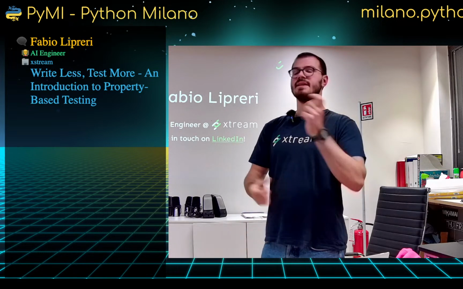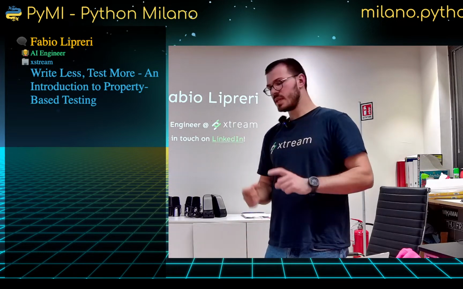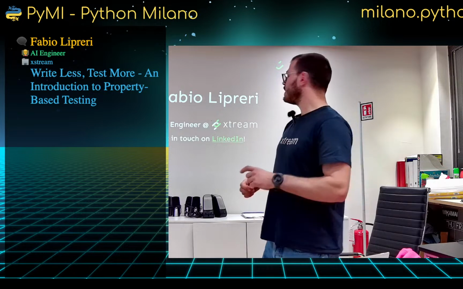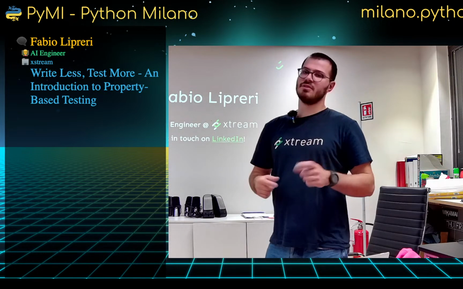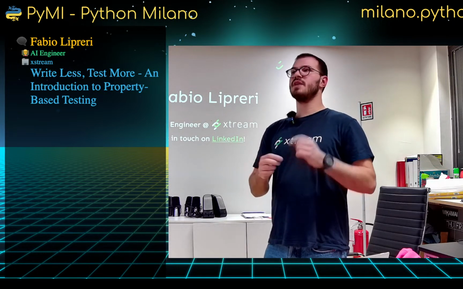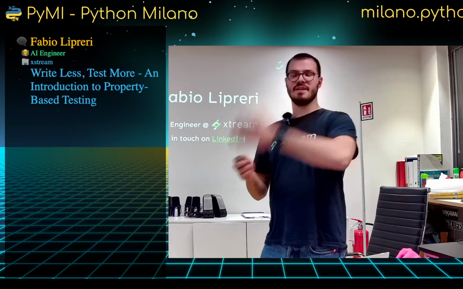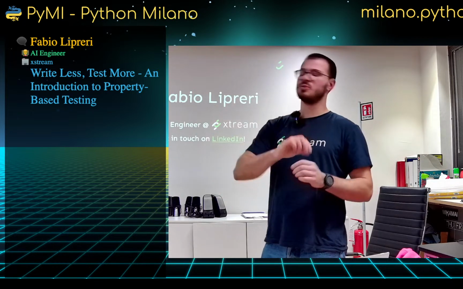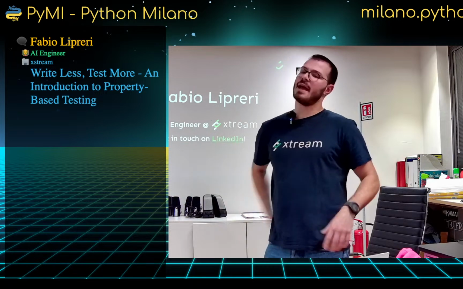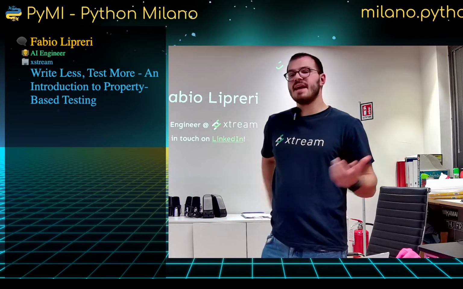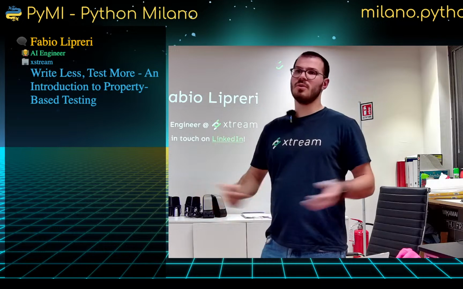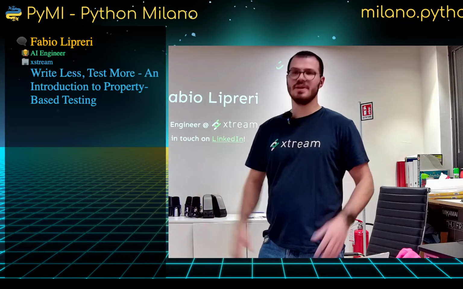I separated it into a different unit test for simplicity of the demo, and because I wanted to take in one example the property of the output and not the exception. But yeah, you can. The properties are just assertions, so everything that is an assertion can be tested.